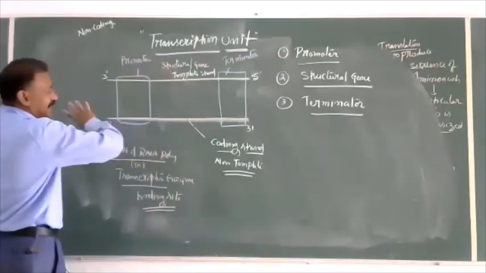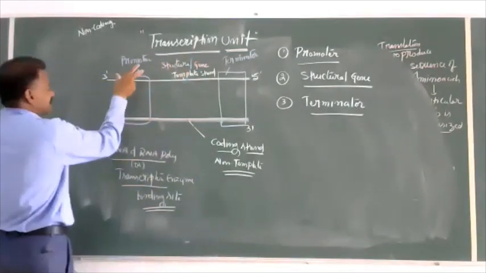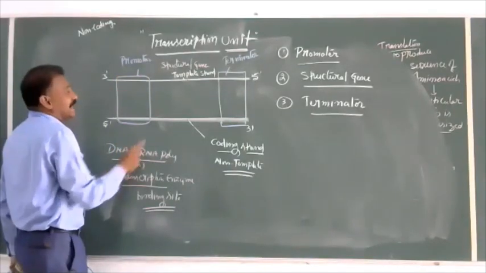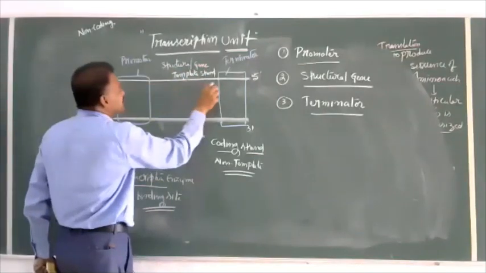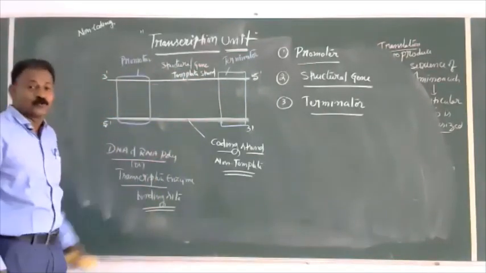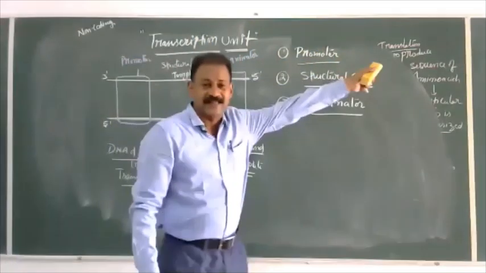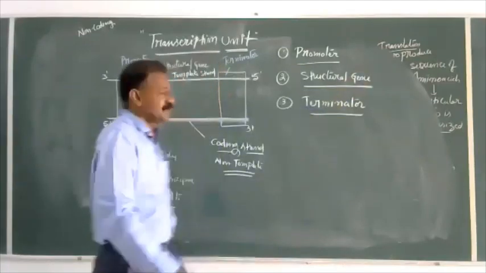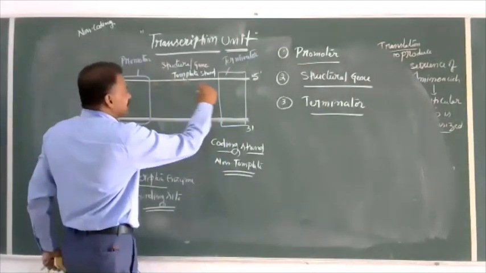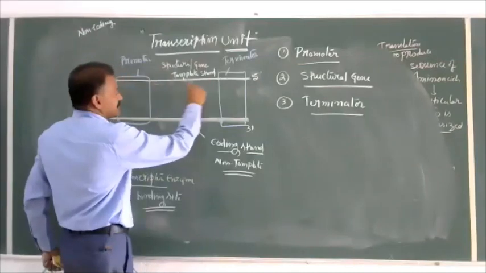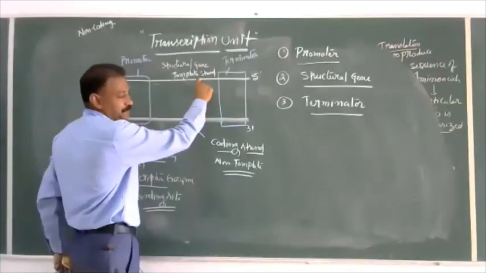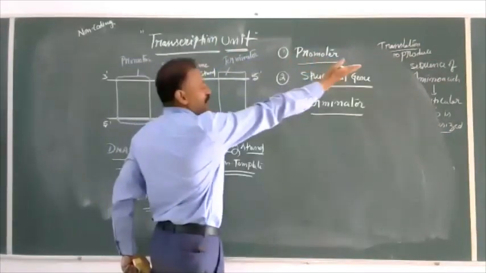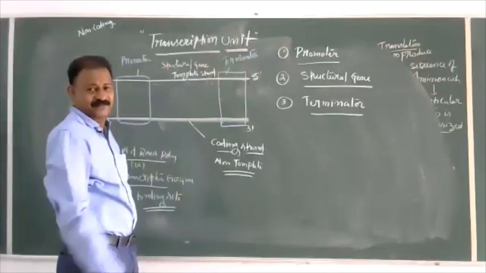Let us see. And in a transcription unit, it starts with promoter, the binding site of polymerase, and structural gene, the sequences of DNA which are responsible to express a function, a character, a protein, amino acid sequences. So structural gene means these are the sequences of DNA, or this is considered as a gene which is going to express in the form of some character, some function.